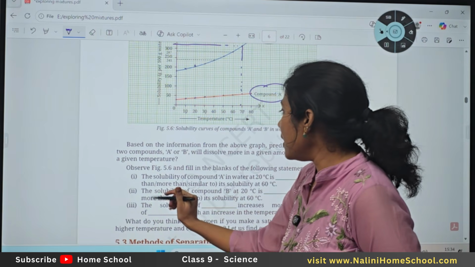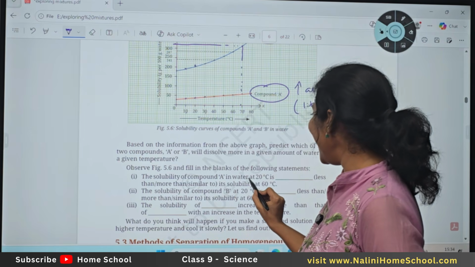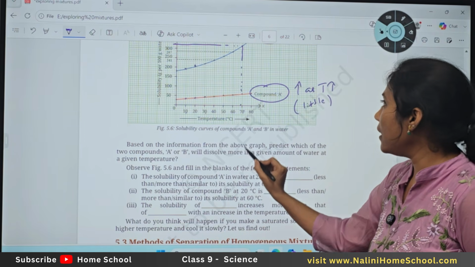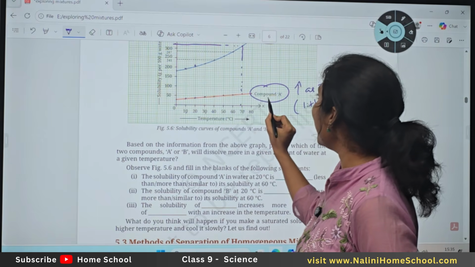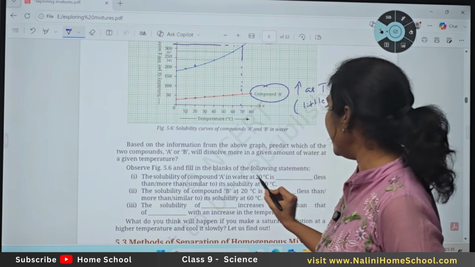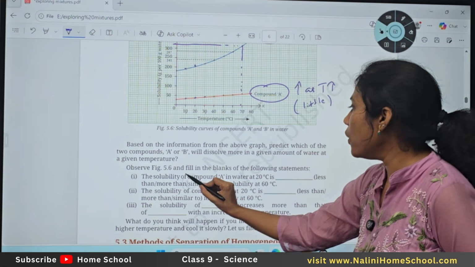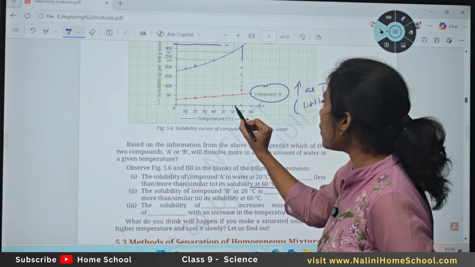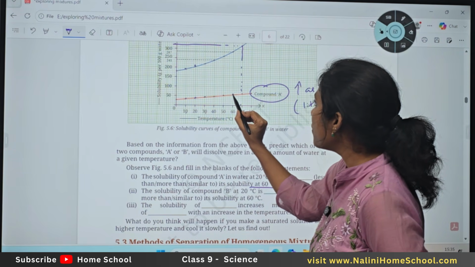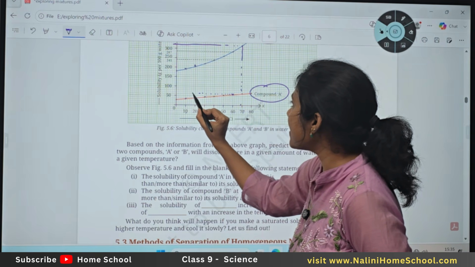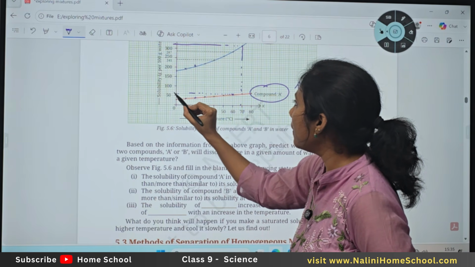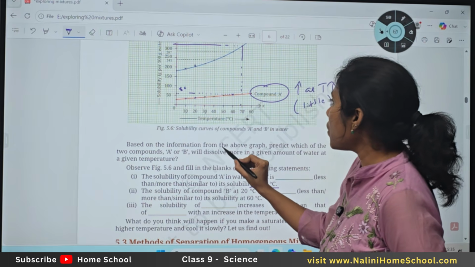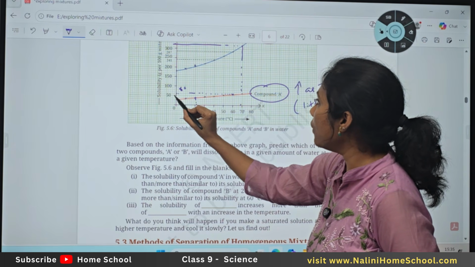The solubility of compound A at 20 degree, whether this is less than or more than or similar to solubility at 60. So what is the solubility at 60? Solubility at 60 is around maybe 50 or 60. Okay, solubility at 20 is below 50 only.